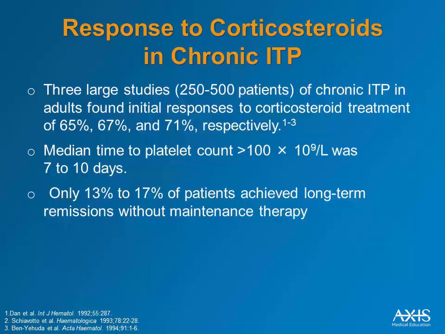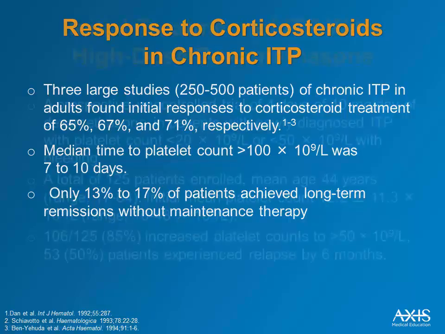The median time to response for a platelet count greater than 100,000 was usually 7 to 10 days, and at times requiring durations of greater than 14 days in some patients. However, at 1 year, only 13 to 17% of patients remain in remission, unmaintained by any alternate therapies.